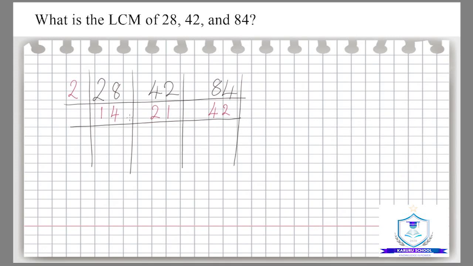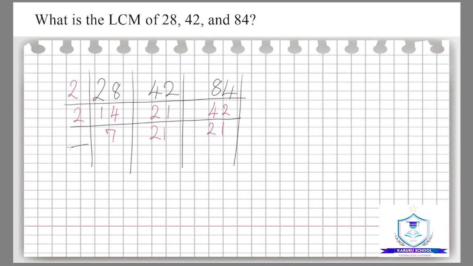So since 2 can divide 2 of these numbers, we will first of all pick number 2 here. We will divide 14 by 2 to get 7. Since 2 cannot divide 21 without giving a remainder, we will drop 21 as it is, and then go to the last column and divide 42 by 2 to get 21.